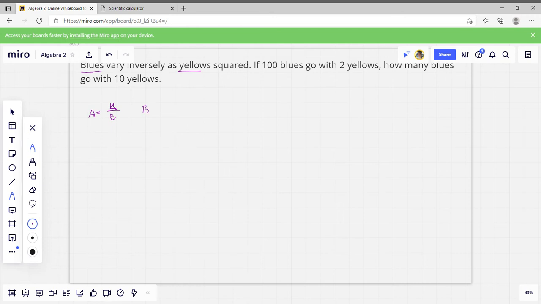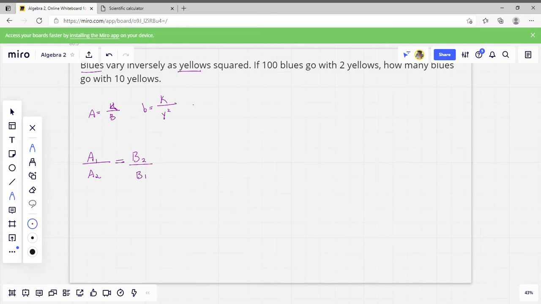That would be b for blues, lowercase, varies inversely, so K over yellows squared. To make that into a ratio, we would say A1 over A2, and then we flip the other one. So we would have B2 on the top and B1 on the bottom.